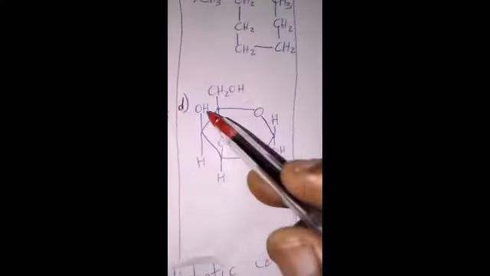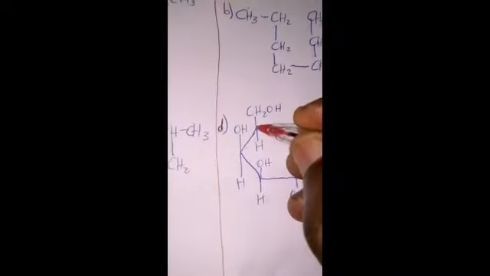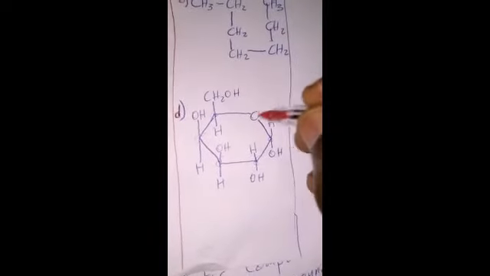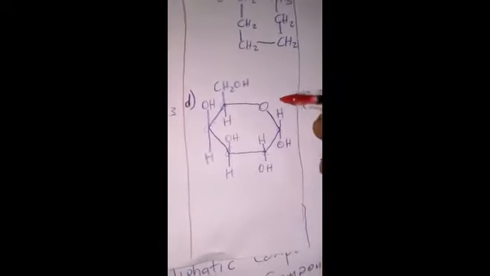Now let's look at the D. It is carbon, carbon, carbon, carbon, carbon, and here we have oxygen. Therefore it makes it heterocyclic, because it's a closed ring.